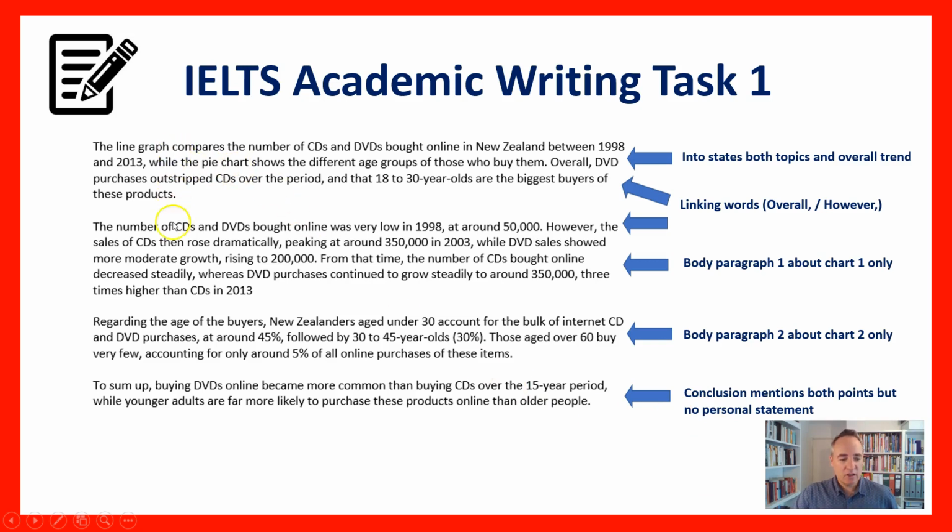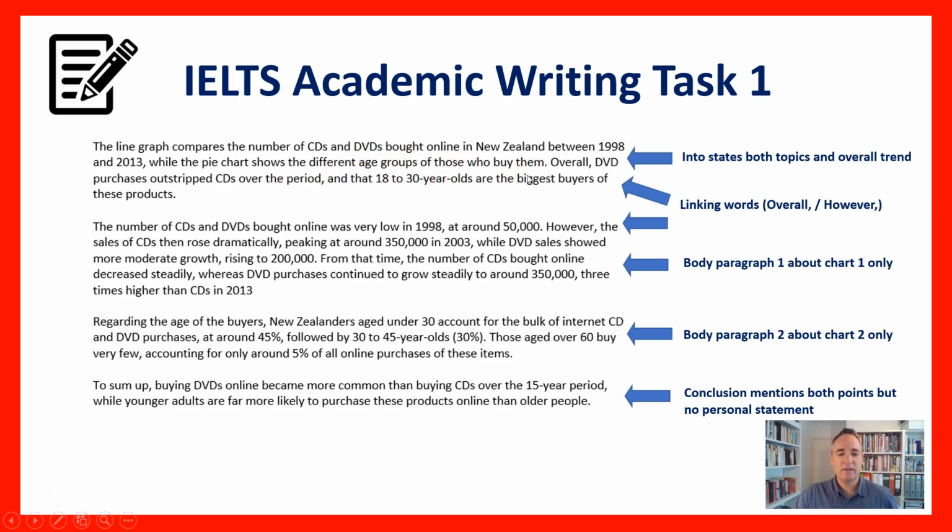So let's go through the little parts and see some of the language structures that we've used and some of the overall ideas and how we've answered this question. So the line graph compares the number of CDs and DVDs bought online in New Zealand between 98 and 13, while the pie chart shows the different age groups of those who buy them.